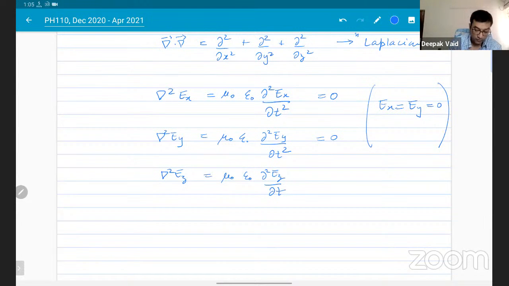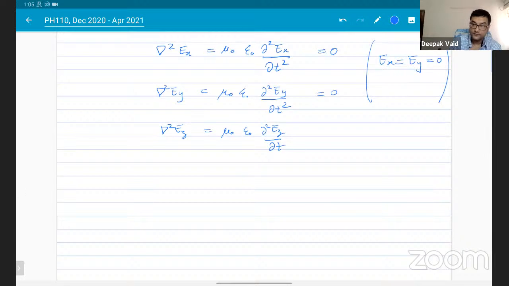So the electric field only has a Z component. Then we'll say one more thing. The Z component of the electric field only changes along the X direction.